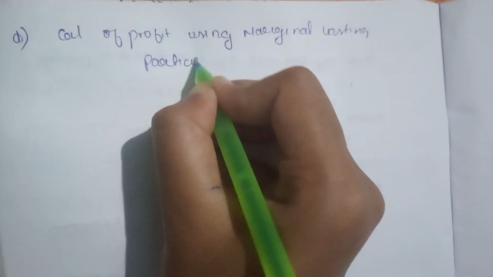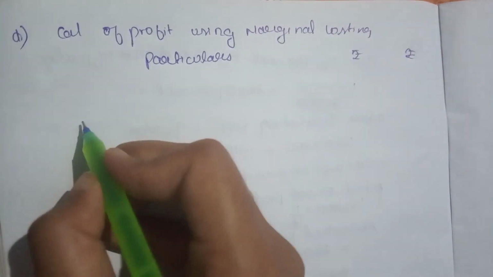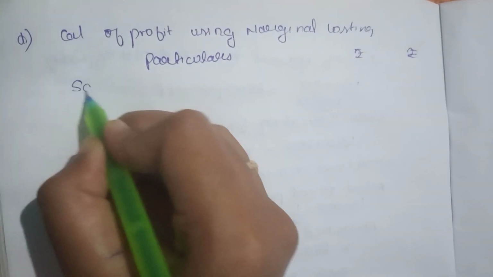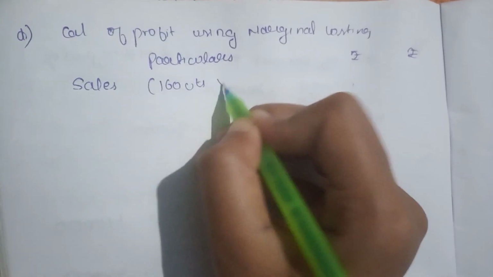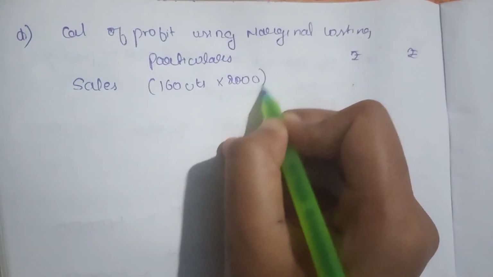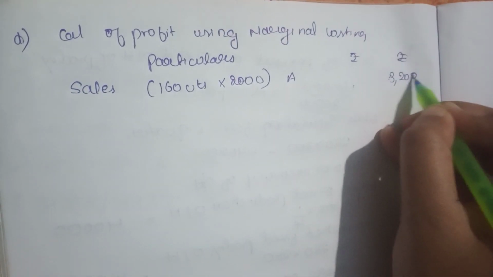Particulars, rupees. Here sales, same thing, 160 units into 2000 rupees. Keep this as A, and it will be 3,20,000 rupees.